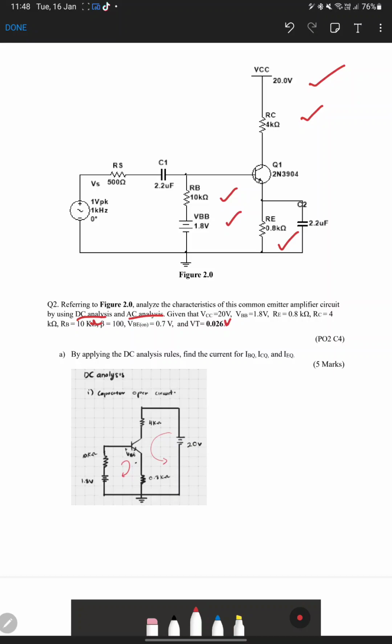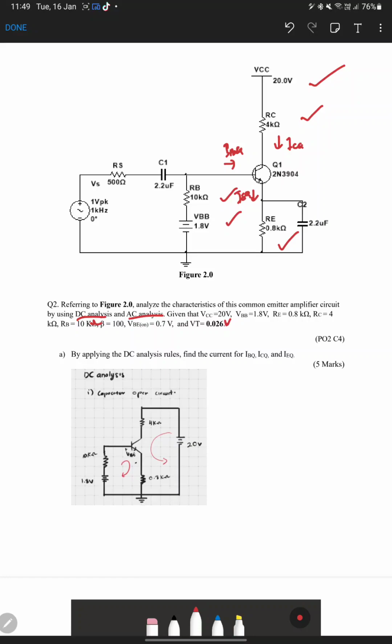Alright, so question A asks us to find the IB, IC, and IE, the current in IB, current in IC, and current in IE by using the DC analysis.